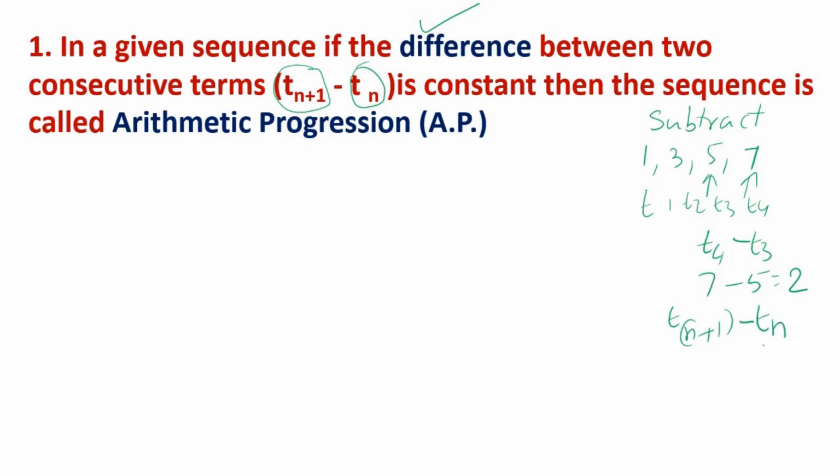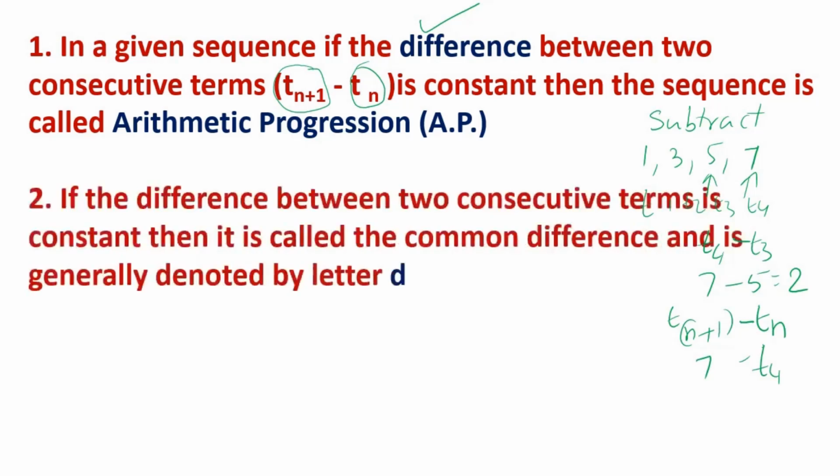What is the term number of 7? It is 4. And what is n plus 1 here? Sorry, n plus 1 is 7. And to subtract, we subtract the term number n here. 7 minus 5, and we get 2. This particular concept you should remember very clearly.